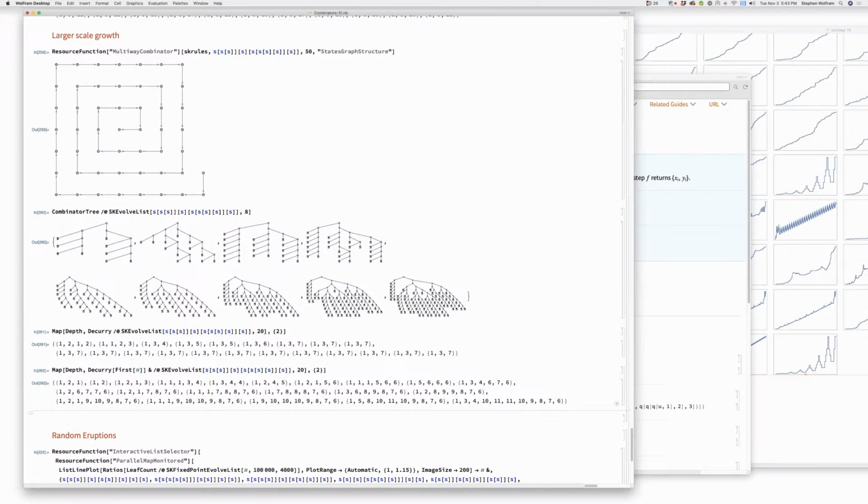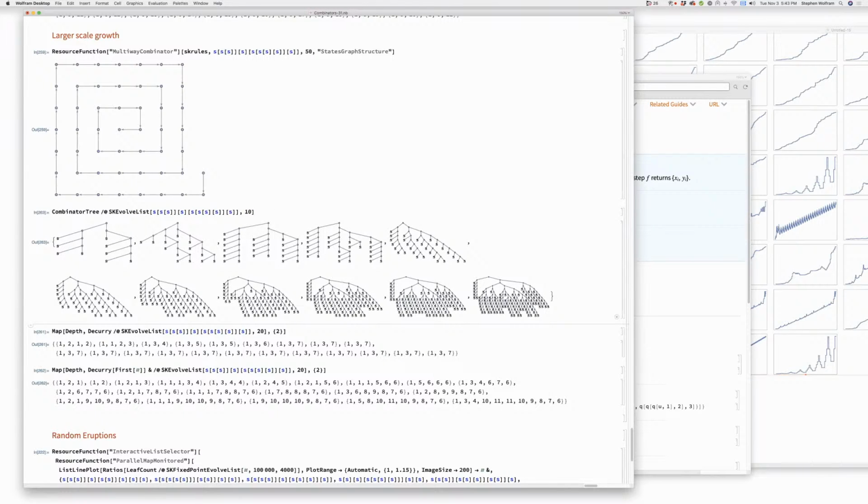What the heck? What the heck is going on there? Okay, let's look at this guy for a couple more steps. Oh my gosh, I am really confused.